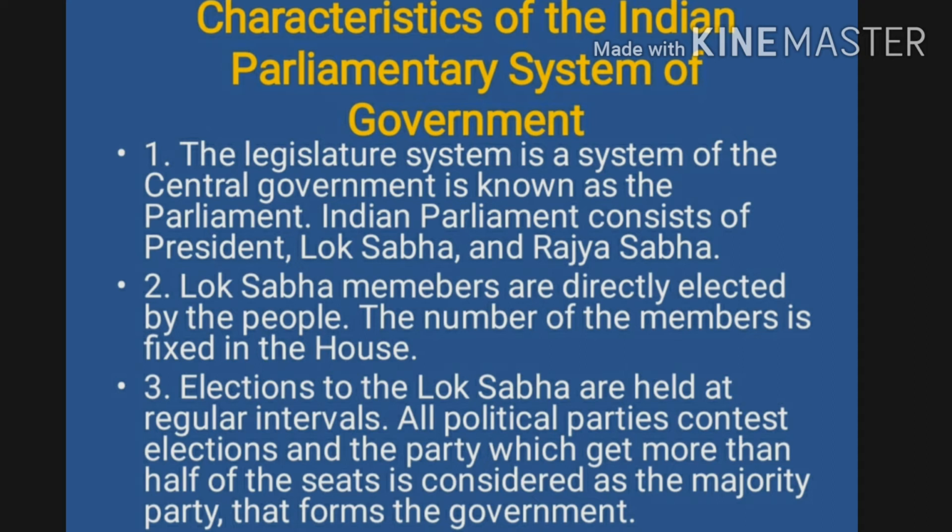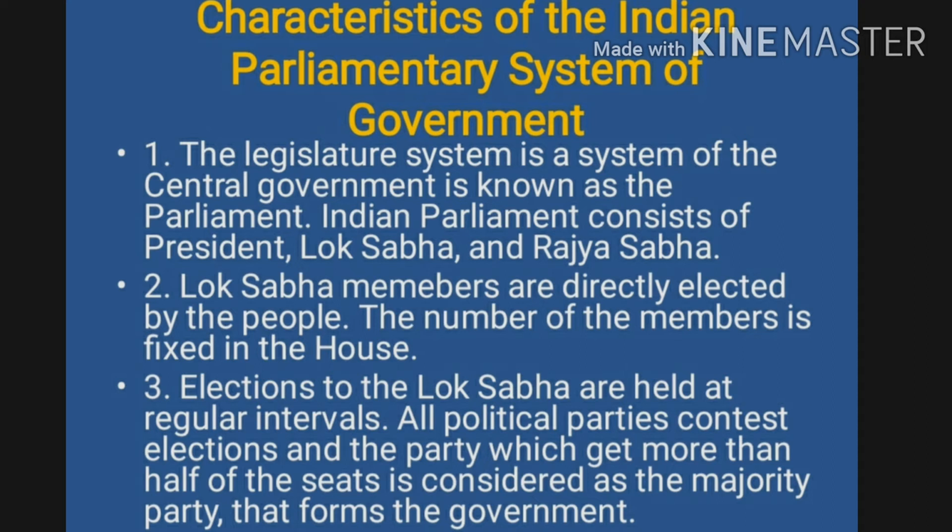Lok Sabha members are directly elected by the people. The number of members is fixed in this house. Elections to the Lok Sabha are held at regular intervals, exactly after every 5 years. All political parties contest elections, and the party which gets more than half of the seats is considered the majority party. That forms the government.